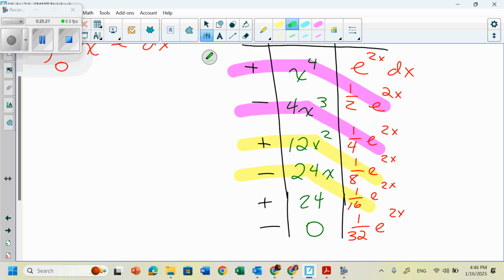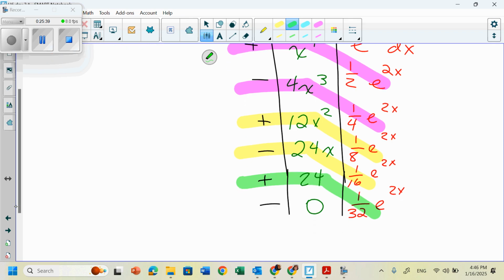So I have a positive x to the fourth times 1/2 e to the 2x. I have a negative 4x cubed times the 1/4 e to the 2x. I have a positive 12x squared times the 1/8 e to the 2x.